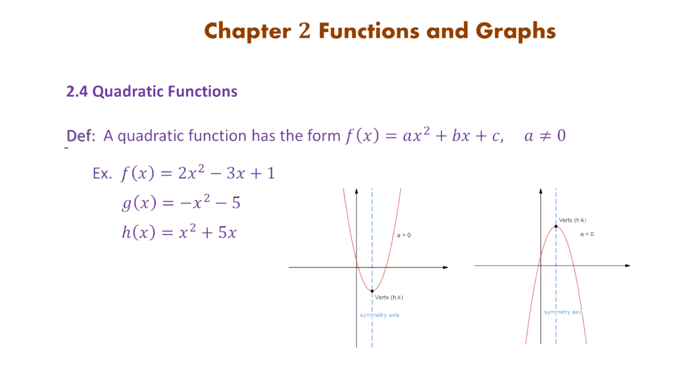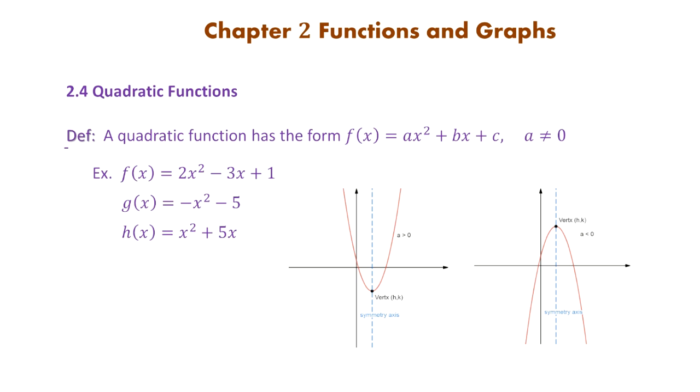When the leading coefficient a, the coefficient of x squared, is positive, the parabola opens up. When a is negative, the parabola opens down. All quadratic function graphs have symmetry with respect to the vertical line passing through the vertex.